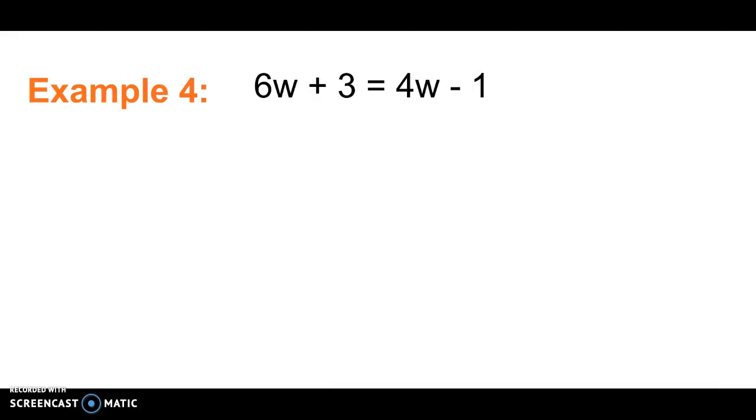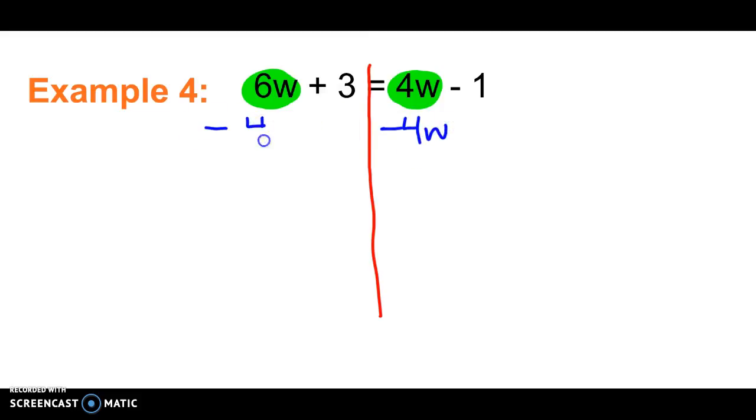Okay, copy down example 4. If I look at this one, you will see that there are no parentheses. So I'm just going to identify my variables. There's 6w and 4w. Which one is smaller? That would be 4. So I'm going to subtract 4w from both sides. This gives me 2w.